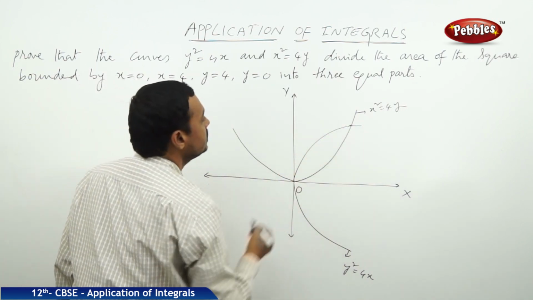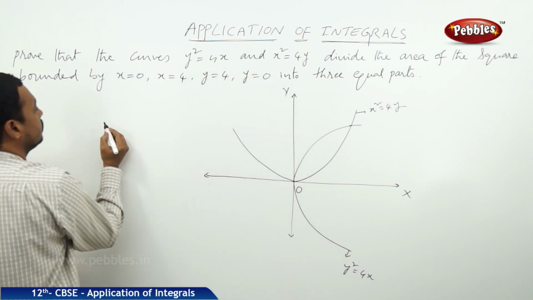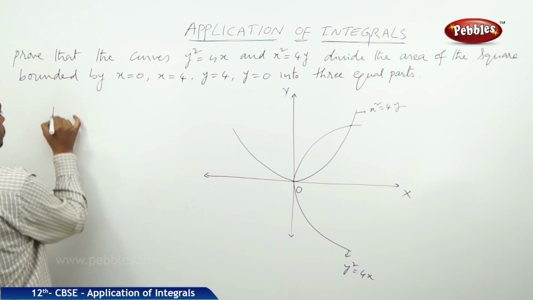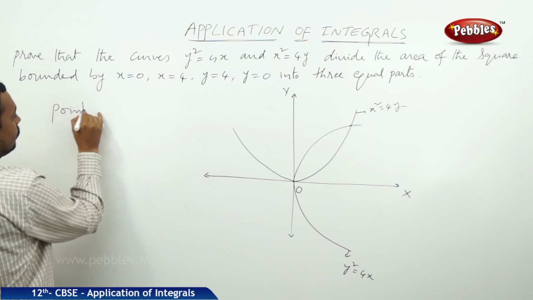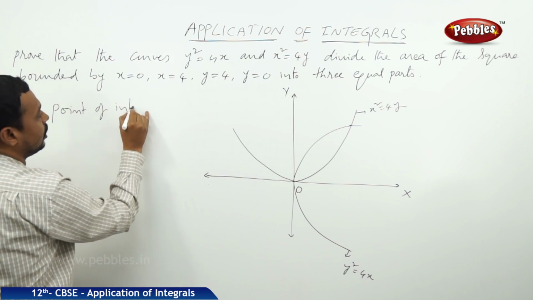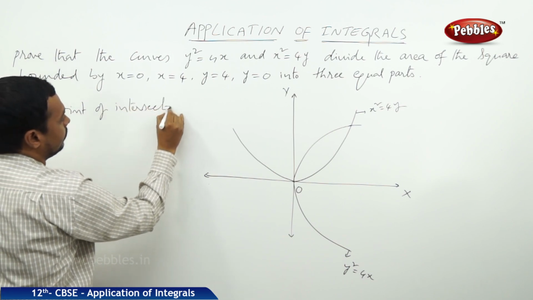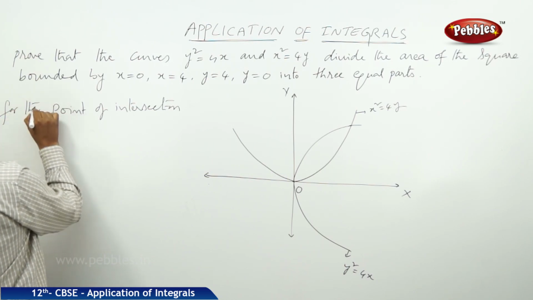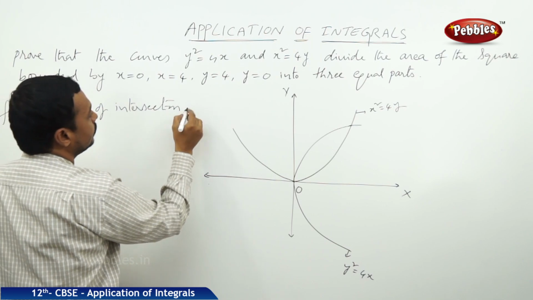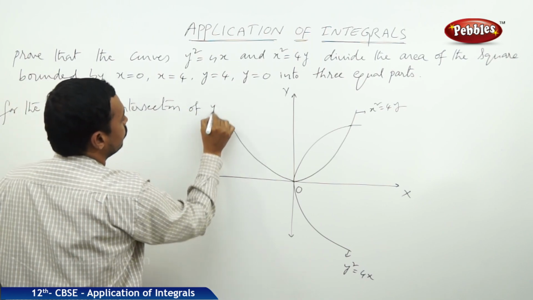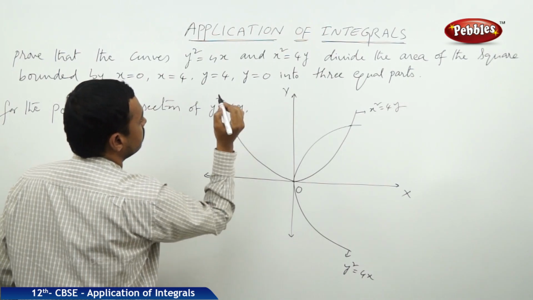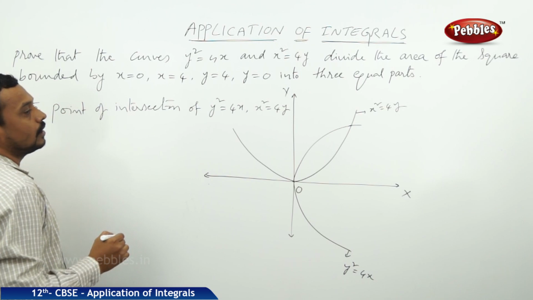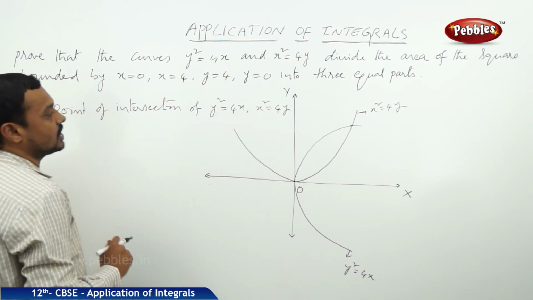Now what are the points of intersection of these two curves? First of all, we find the points of intersection. For the points of intersection of the two curves y square is equal to 4x, x square is equal to 4y, eliminate either x or y.